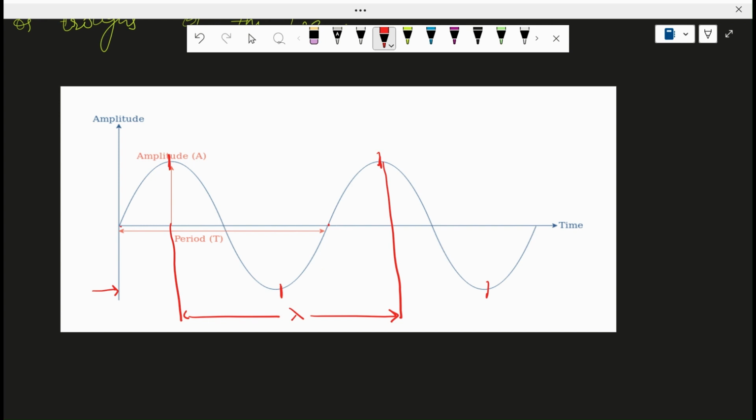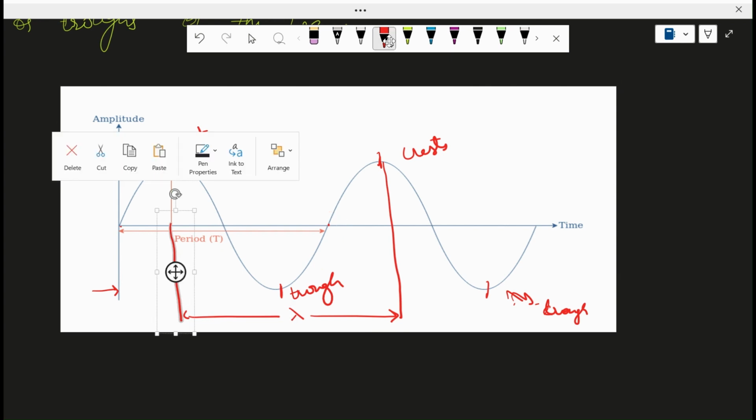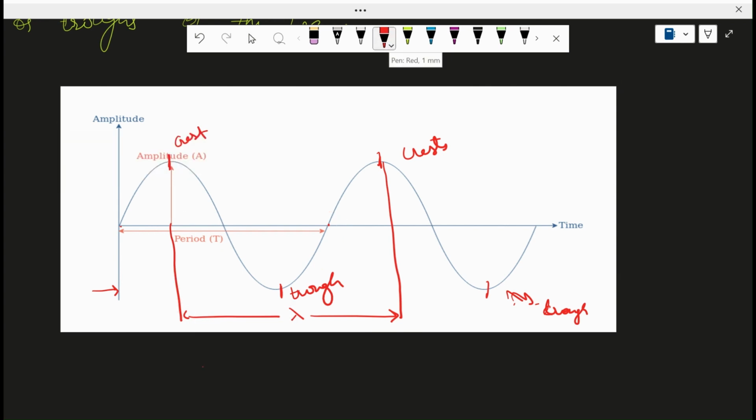So this is our wavelength, the distance between the crests. The down curve is known as the trough. Similarly, this is a crest, this is a trough. You can see that this particular distance, the lambda, here also the wave is traversing the same distance.